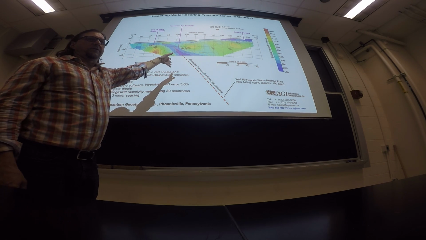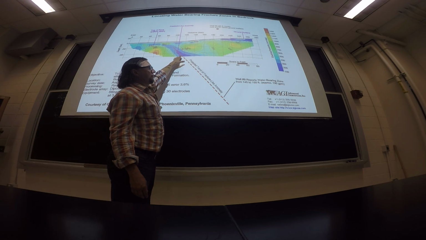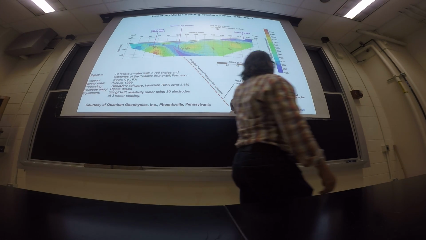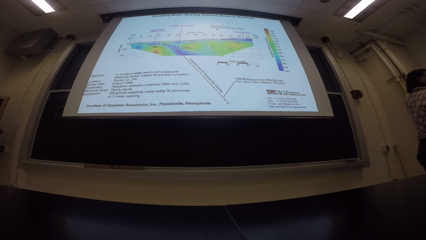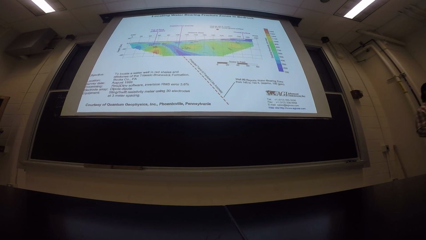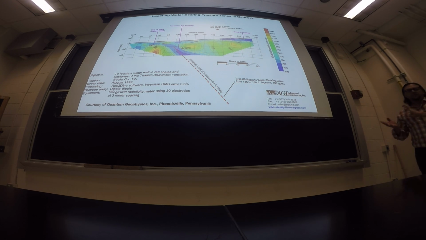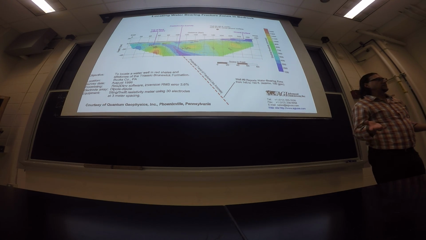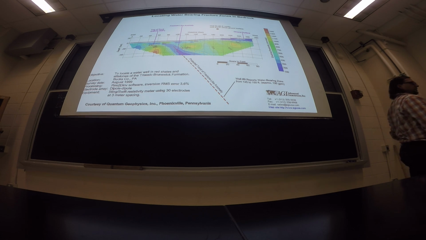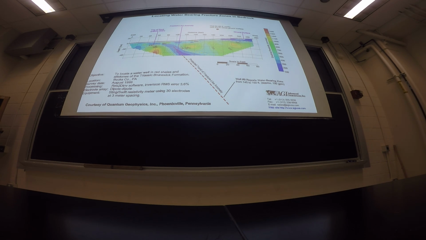Apparently the owner of this property drilled a well right here, intercepted a water-bearing zone at this depth that yielded higher water production than another location. Resistivity, because it's sensitive to the fluid content, is very good for looking for zones of higher water content.